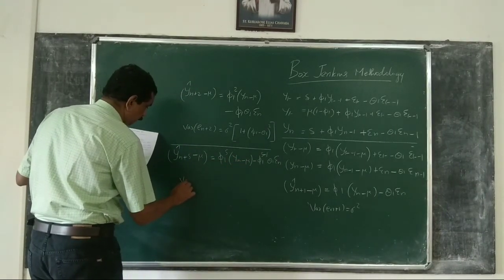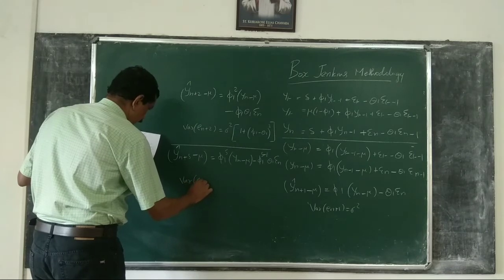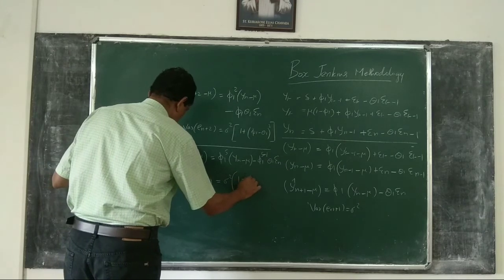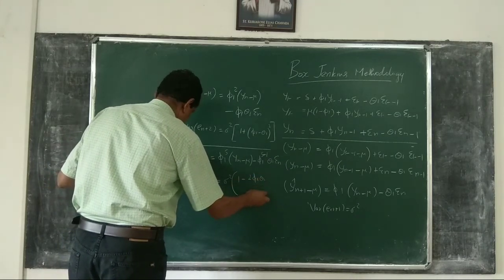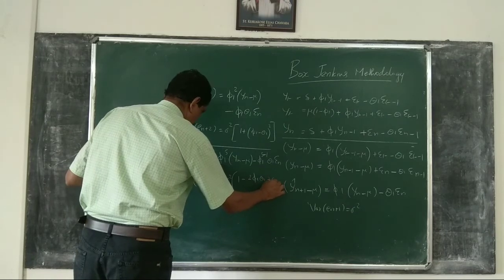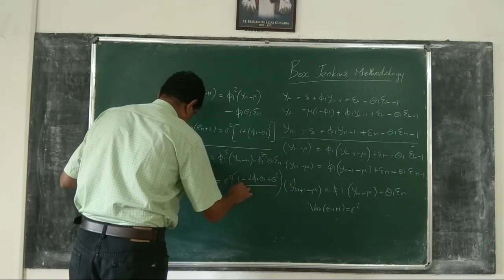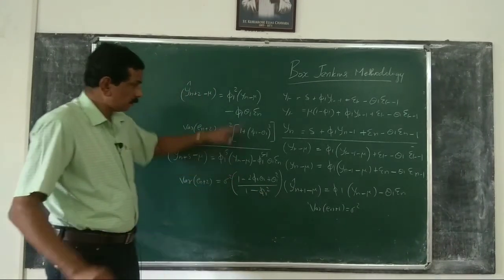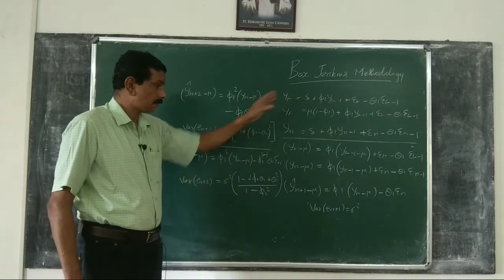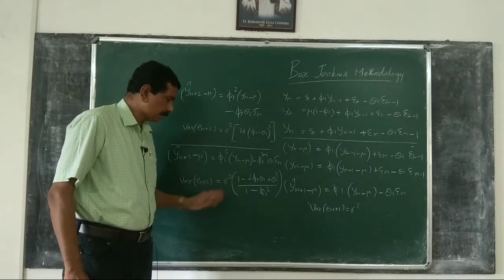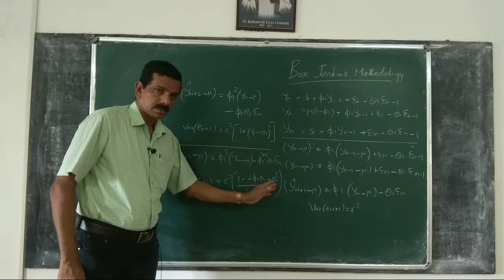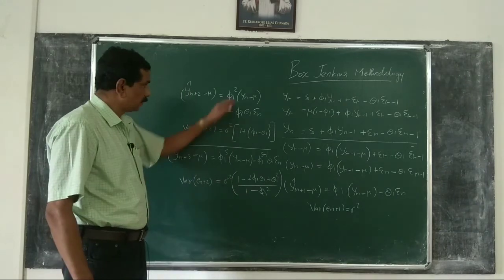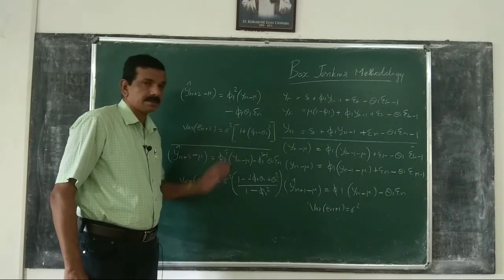The forecast error variance is equal to sigma square into 1 minus 2 phi 1 theta 1 plus theta 1 square, divided by 1 minus phi 1 square. The point is, for the ARIMA 1,1 process the mean was mu and this was the variance. So the forecast error variance converges to the variance of the process, and the forecast converges to the mean of the process.